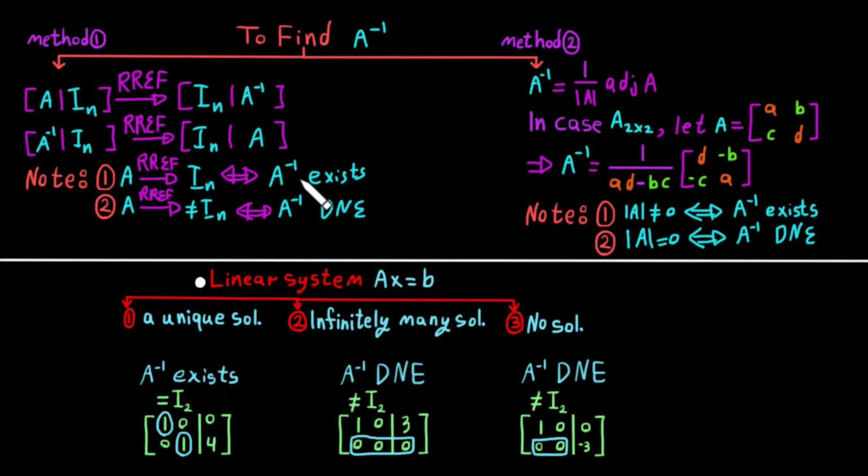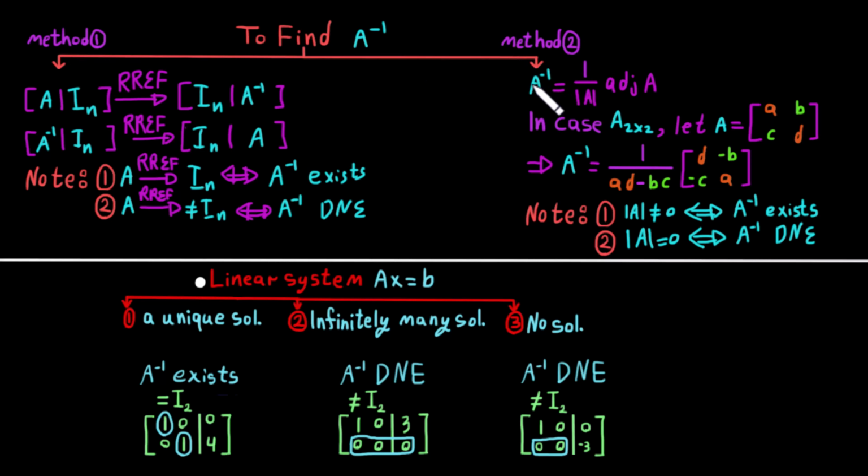And the same thing, if they told you A inverse exists, then you have to know that you can transform A to identity. If A inverse does not exist, then you have to know that A cannot be transformed to identity. That's it here. So in our example, we will solve it with method 1, then we will use method 2 as well to find A inverse.